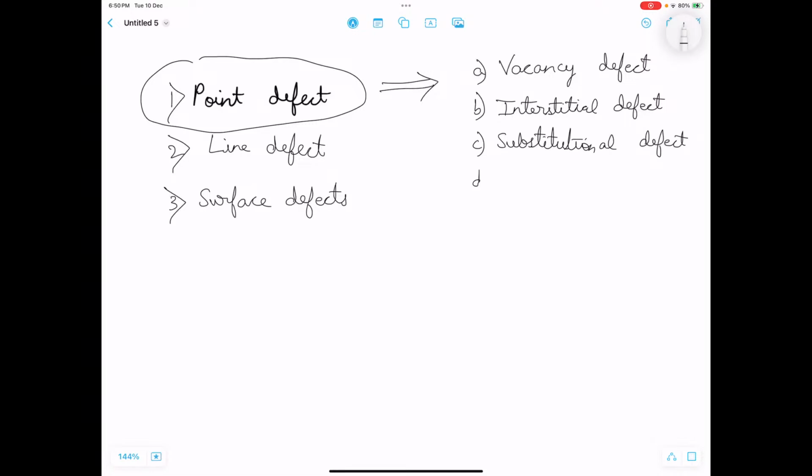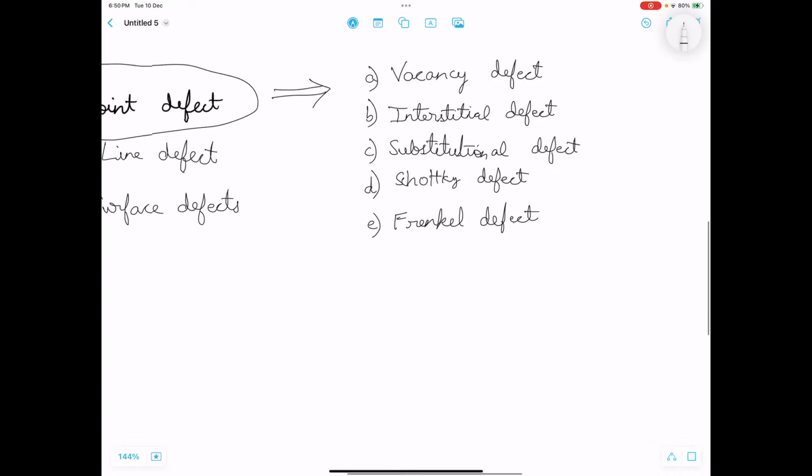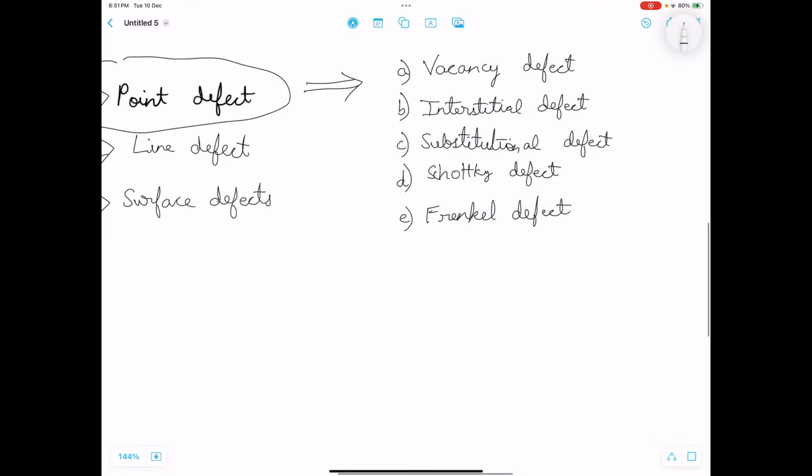Then come two most important, Schottky defect and Frenkel defect. So these are point defects. They only apply on each point of atoms.